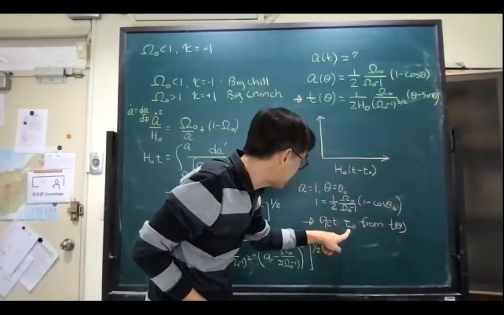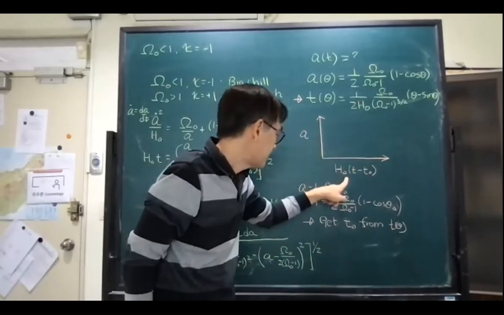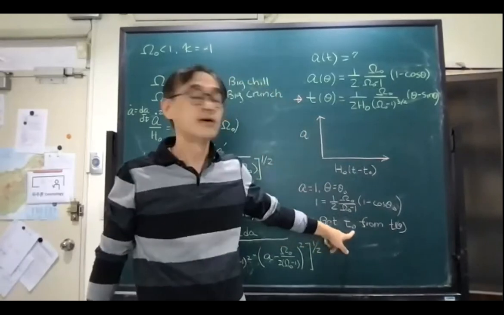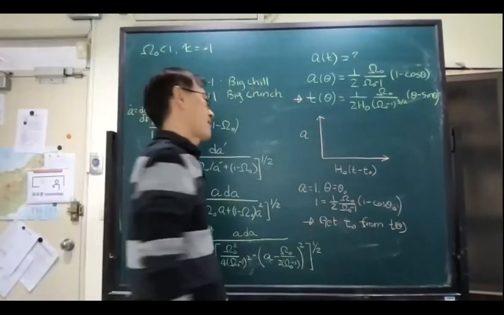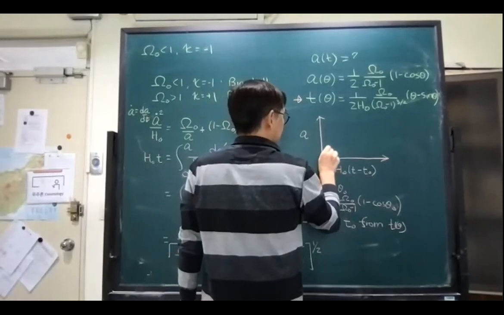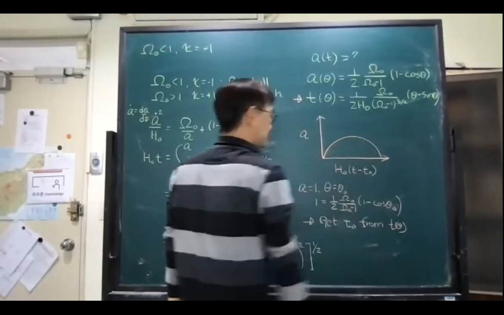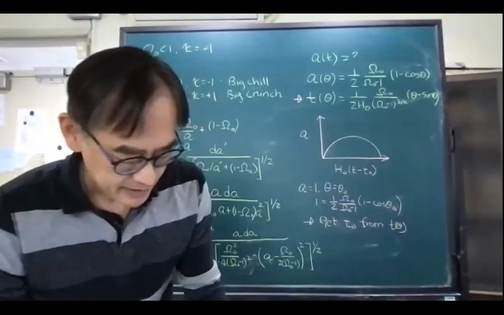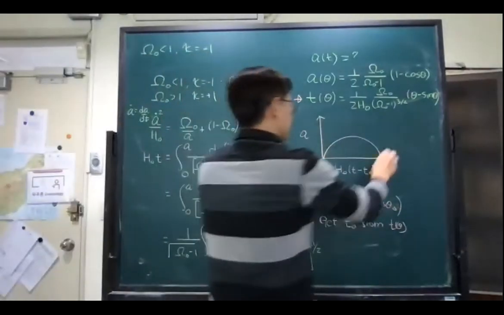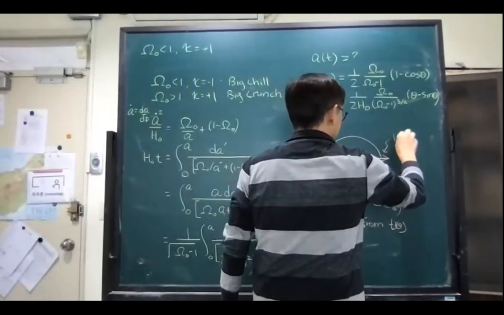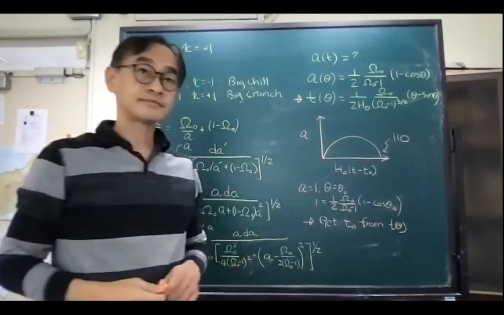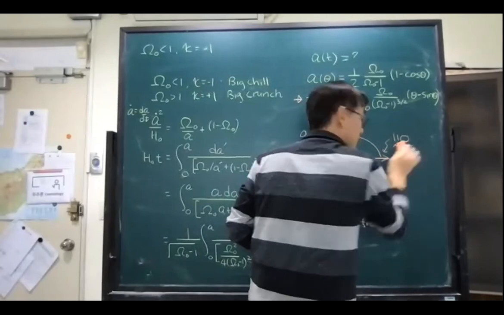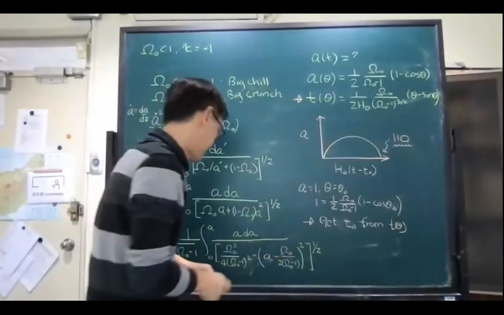And then finally you subtract h0 minus this t0 to have this plot. And once you do that, you will have this nice curve. One more thing to note is here is around 110. So let's remember this number because we will compare with other cases later on.